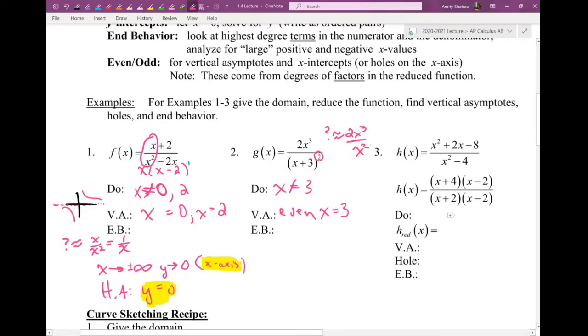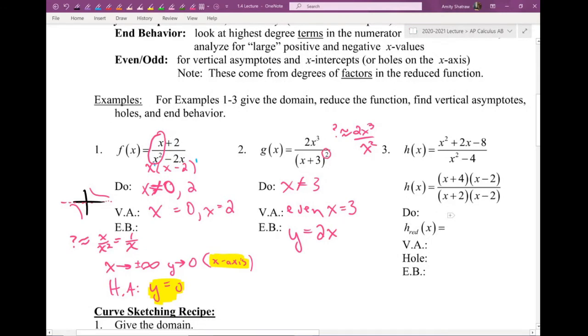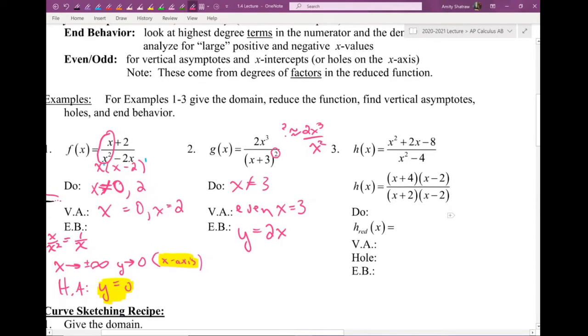And then I can simplify that into y equals 2x. And that's going to be a graph that I can recognize, right? The graph of y equals x, I know what it looks like. Y equals 2x, it looks basically the same, but the slope is a little bit steeper. So it'll go like this in one direction, and it'll go like that in another direction.